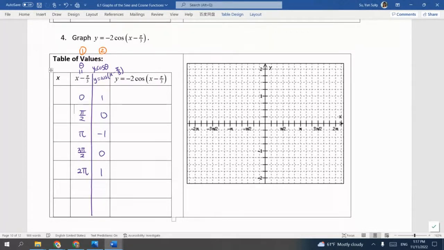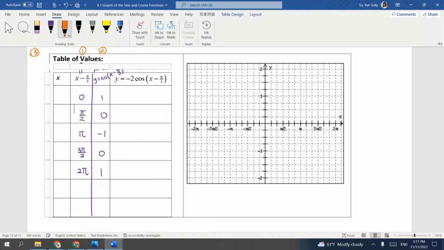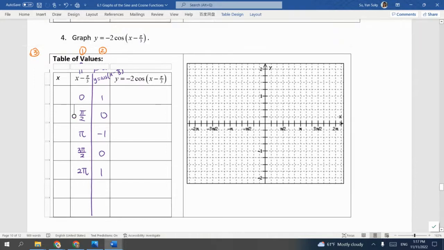You always fill out the theta column first, and then the cosine theta column, because these 5 points are fixed. Everybody? Now, the third step, figure out the x. So we have theta.